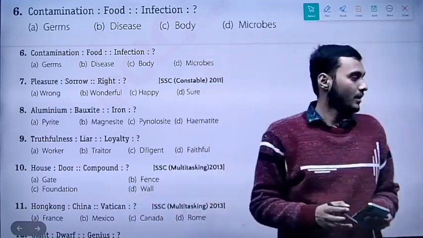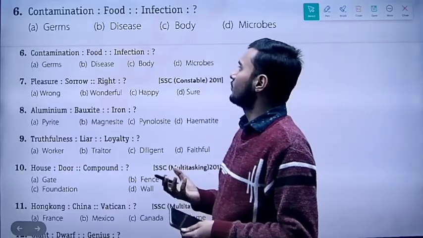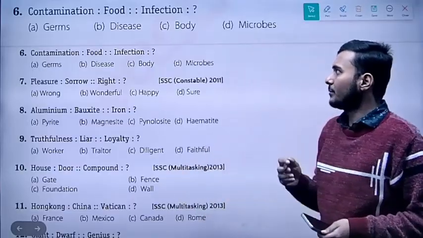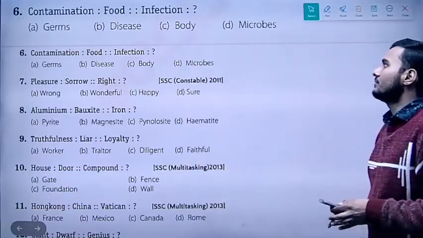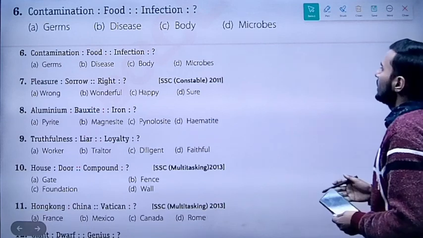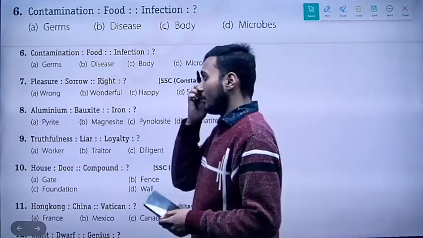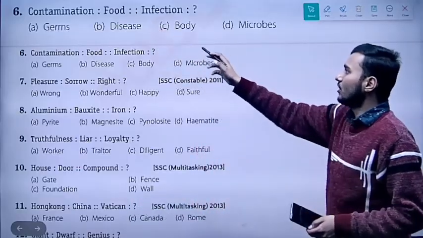If something is mixed in food, then it will become contaminated. In the same way, infection affects our what? Body. So we clearly found the relationship between contamination and food, and we clearly answer our question number 6.